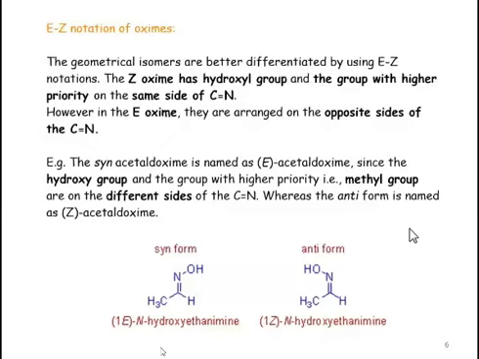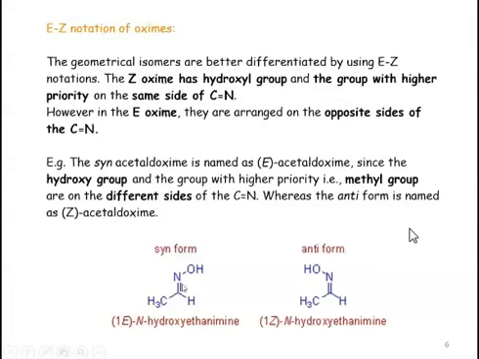However, when we talk about EZ nomenclature, or EZ designation, we can find out that of these two, the CH3 group has higher priority as compared to hydrogen, and they are opposite. Hence it is E isomer or E configuration.